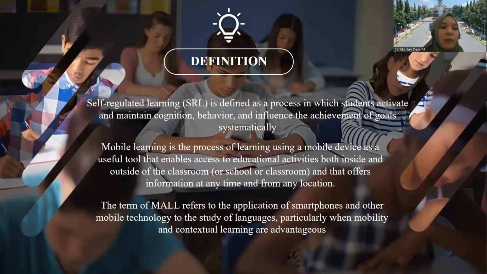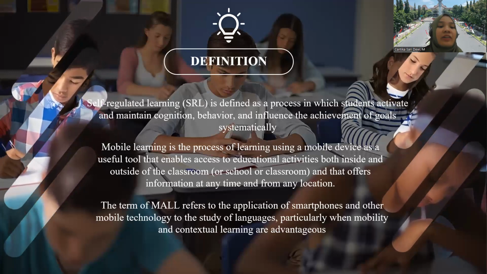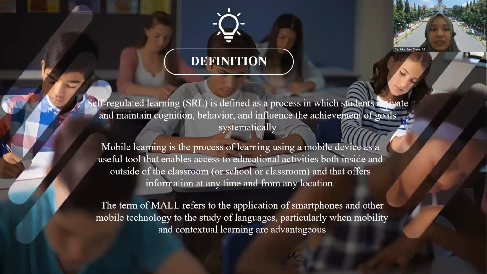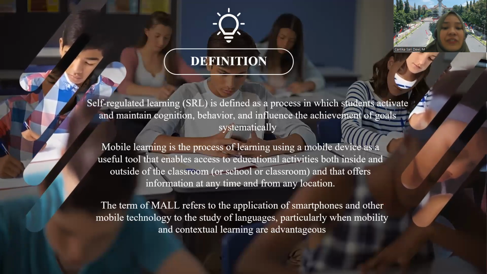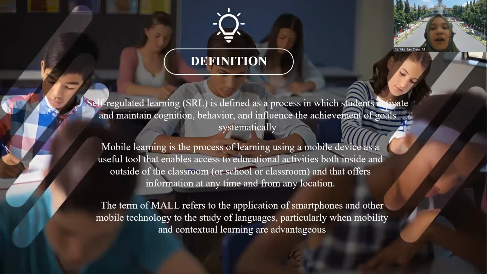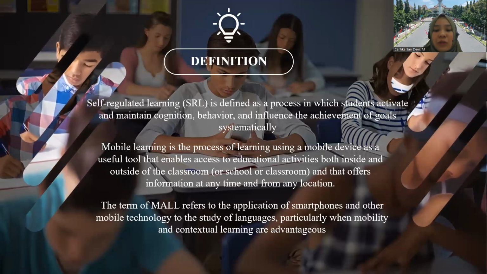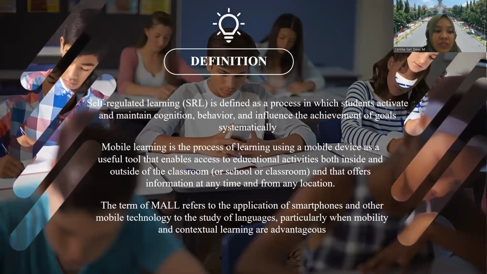So when we talk about mobile learning for EFL students, it is most likely related to mobile assisted language learning, or commonly known as MALL. So what is MALL? It refers to the application of smartphones and other mobile technology to the study of languages, particularly when mobility and contextual learning are advantageous.